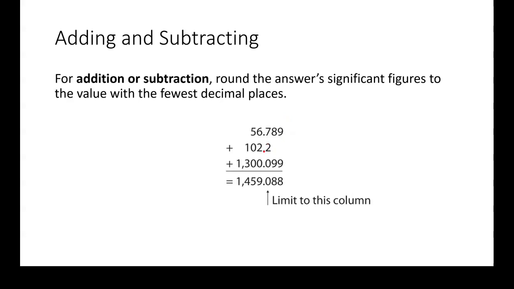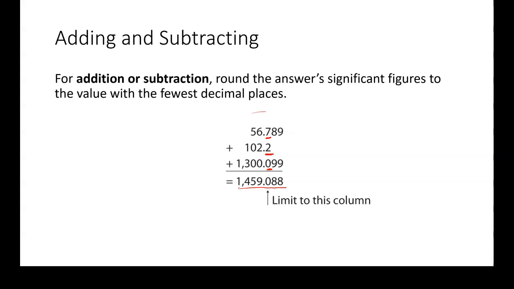And so here, this is set up to show you that this number here stops at the 10th place. And so we're going to round at the end. We don't want to round at the beginning, because if we round at the beginning, that could potentially affect our answer. So we calculate it and then we round at the end.